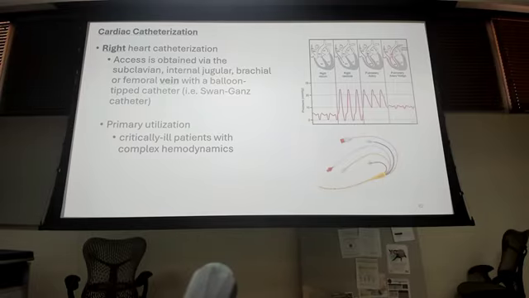When we talk about right heart catheterization, we do this by accessing a vein to get to the right side of the heart. Right heart catheterization is really there for monitoring and diagnosing. There's not a true therapeutic benefit to it.